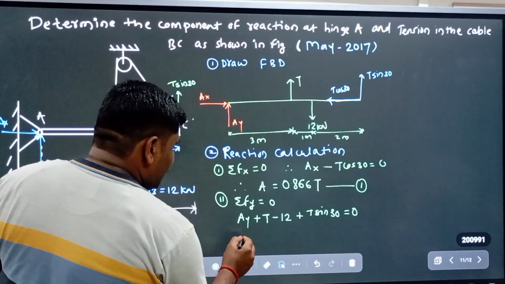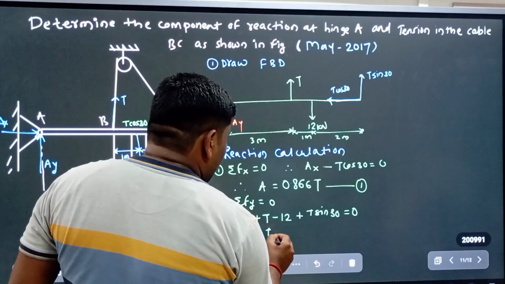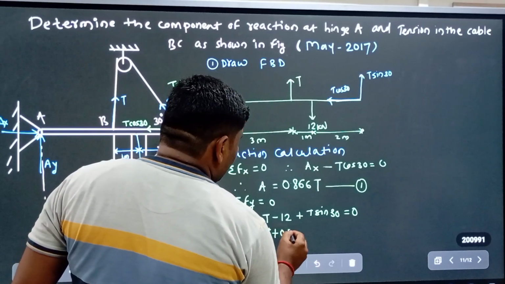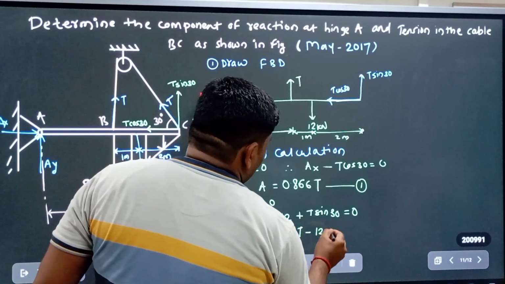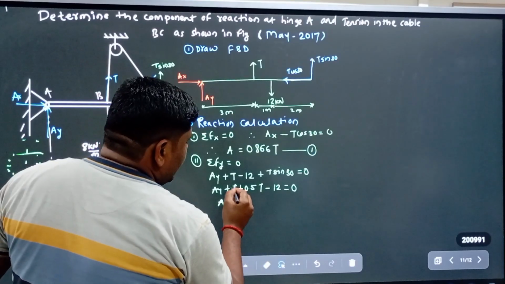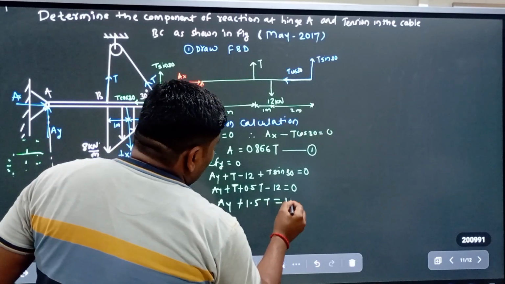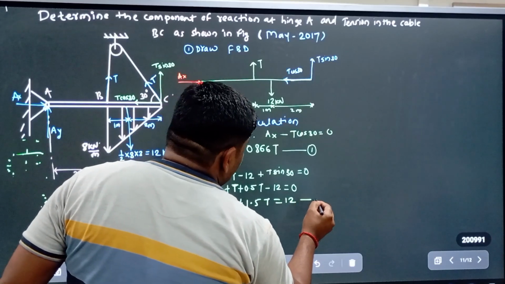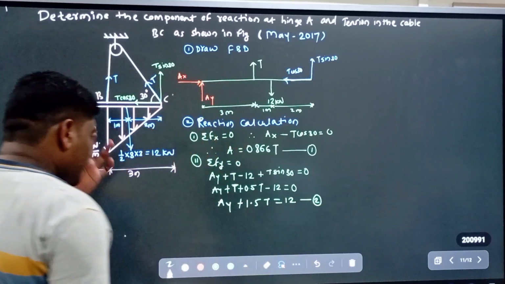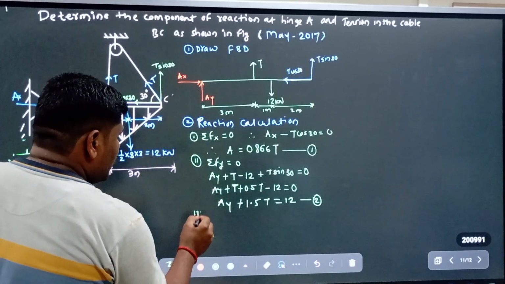So AY plus T sin 30, which is half, that means plus 0.5T, minus 12 equal to 0. That is, AY plus 1.5T equals 12. So this is equation 2.